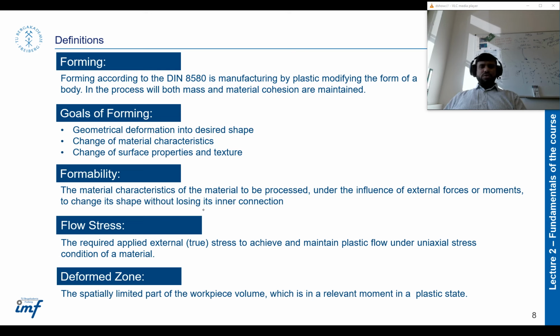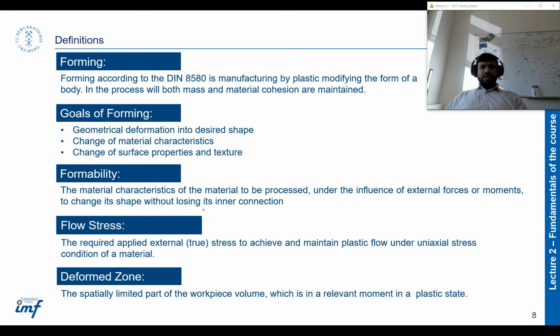The goals of forming are generally to geometrically deform the material into a desired shape, change the material characteristics by strain hardening, or changing the surface properties or texture by going through a certain process of permanent deformation.